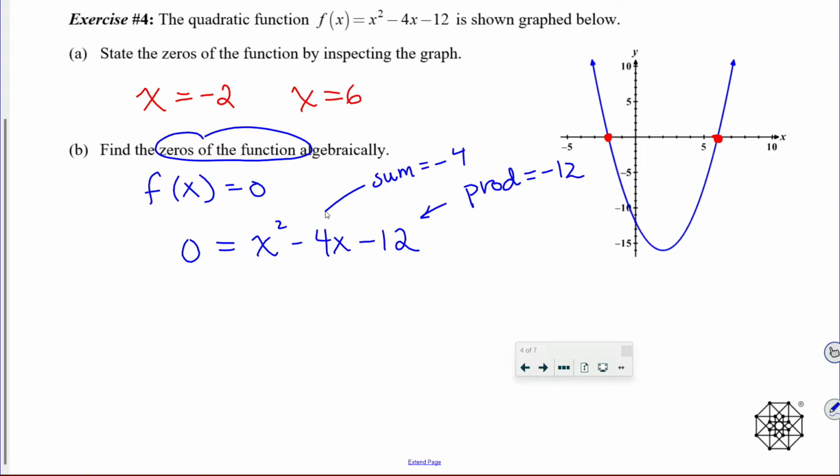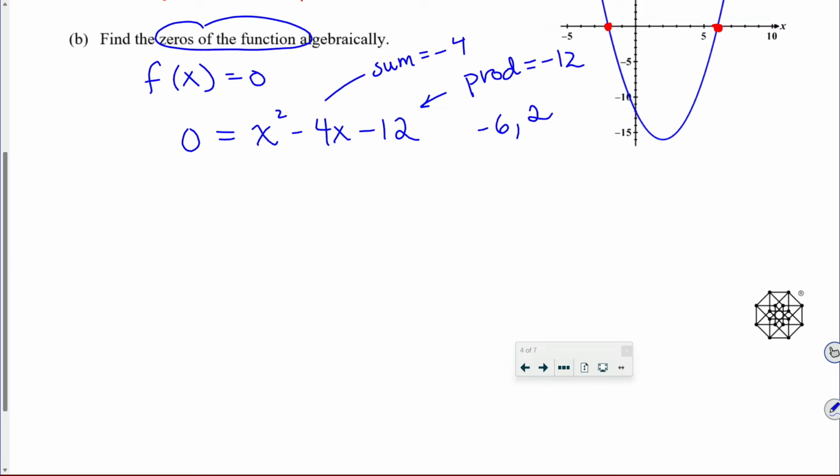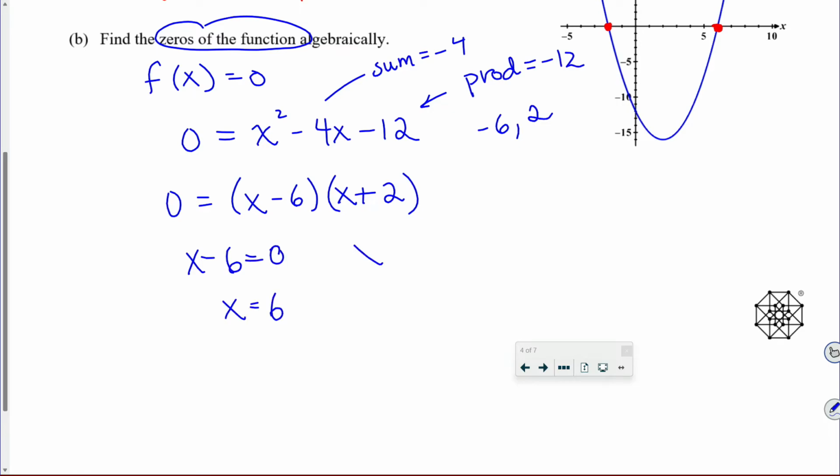Those are going to be negative 6 and positive 2, the two numbers. We can now factor that as x minus 6 times x plus 2. I can then take x minus 6 and set it equal to 0, and I'll get x is equal to 6. X plus 2 is equal to 0, and x will be negative 2.